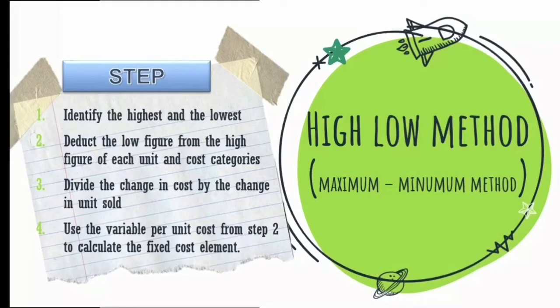The first one, you need to identify the highest and the lowest month. Secondly, you have to deduct the low figure from the high figure of each unit and cost category. The third one, divide the change in cost by the change in units sold. Lastly, use the variable cost per unit answer from step 3 to calculate the fixed cost element.